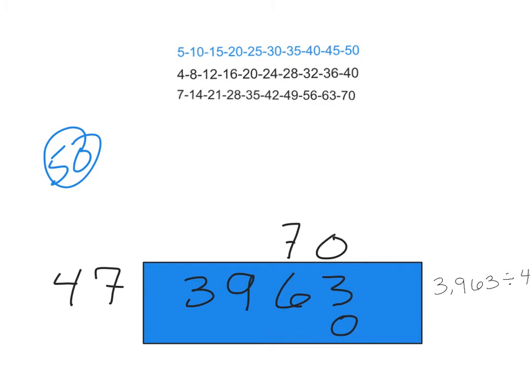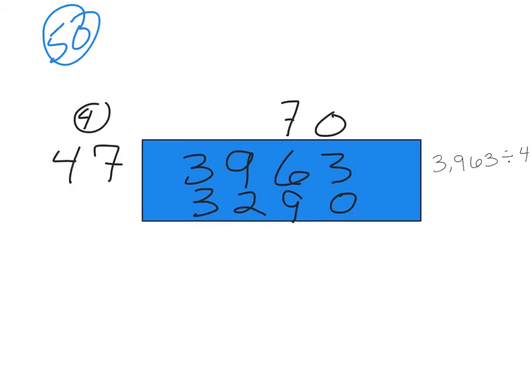And then 7 times 7 is 49. I'm going to drop the 9 and carry the 4 right there, and then I'll add it in on this next one. 7 times 4 gives me 28. Plus 4 is going to give me 32. So I'm going to circle that and go 32.